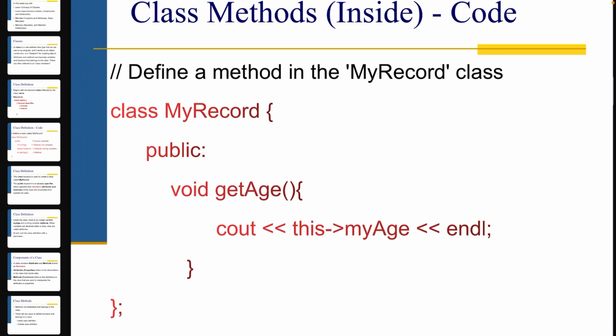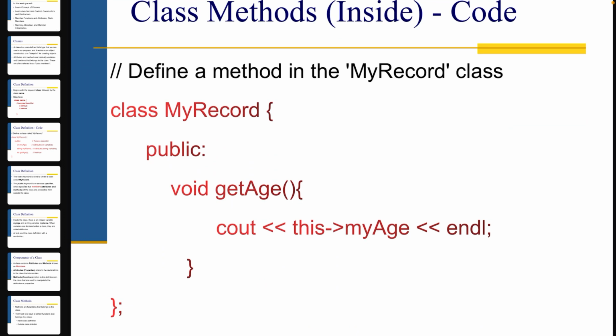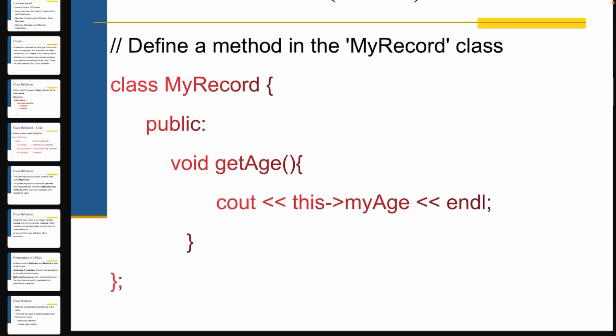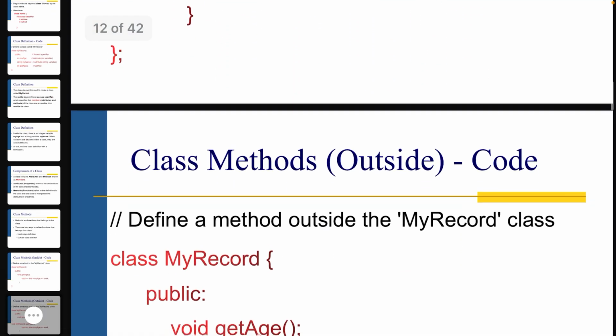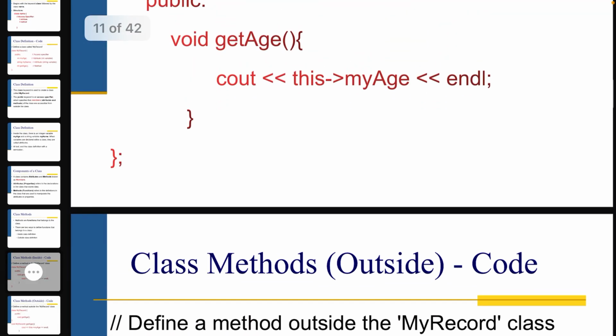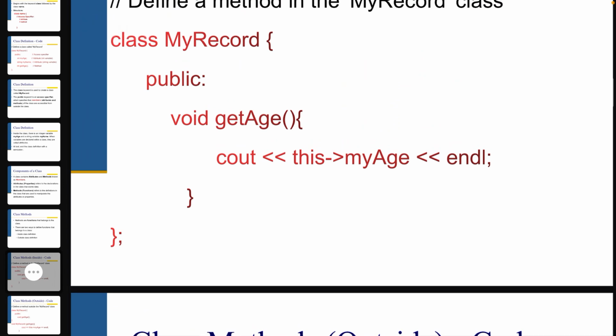We use public, and inside the public, we have void getAge. Then you cout the age, myAge, and this is also used to cout the age, the getAge.